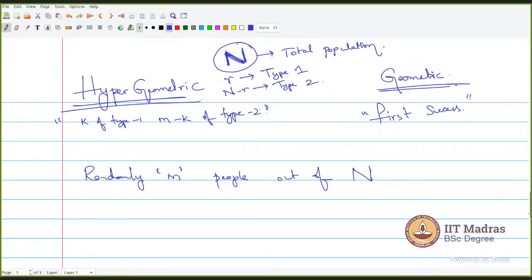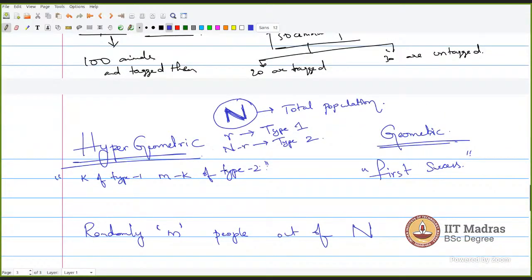So instead of considering the whole population, we have randomly chosen some m people, and once I choose these m people, I have found that k people are of type 1 and m minus k people are of type 2.